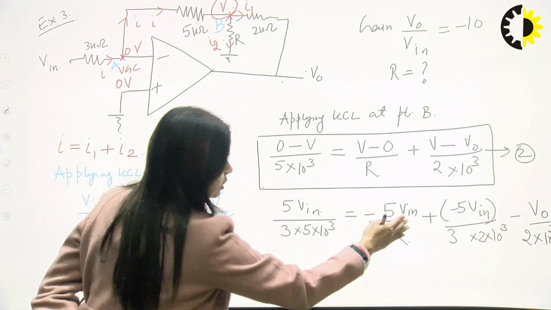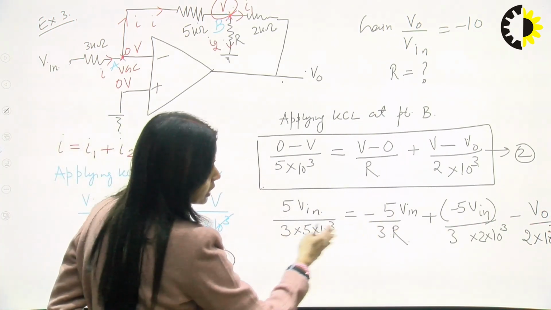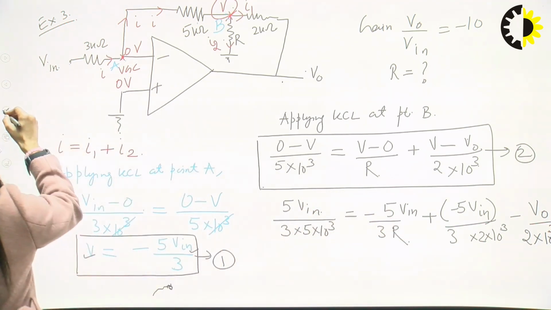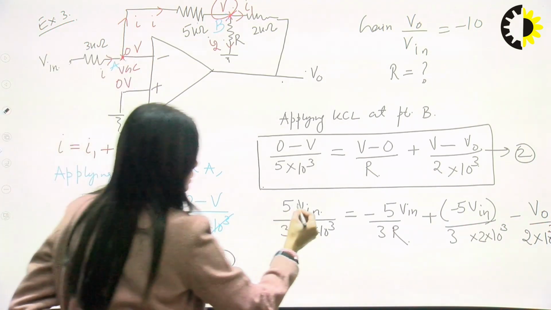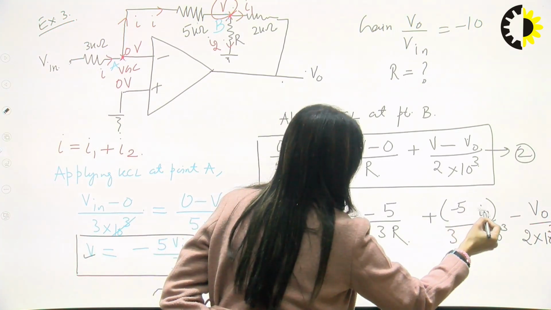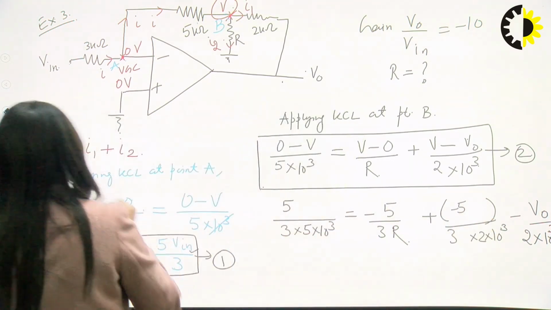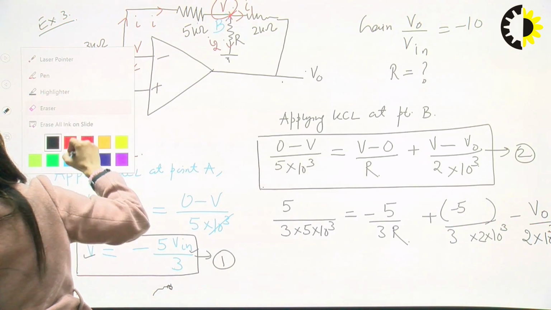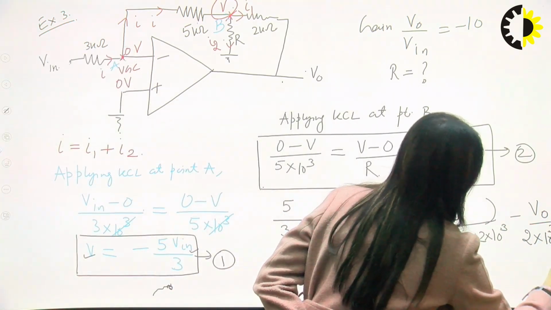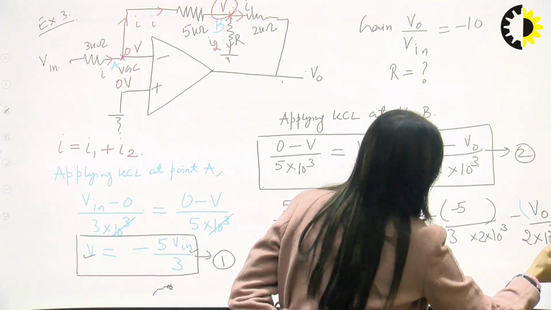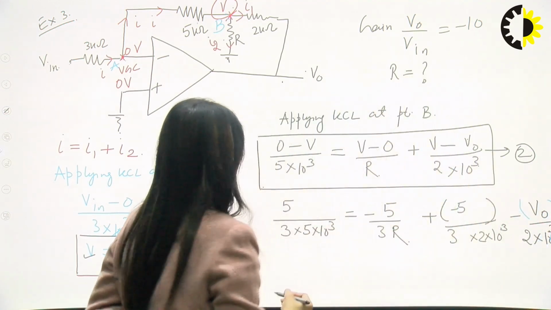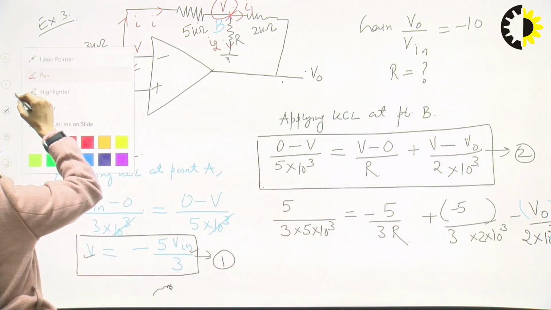Now keep all the terms here, the R values all here, and divide by Vin. So just erase all the Vins. And see what I am doing is Vin will come here, and now this VO upon Vin has been given as -10. So we will put the value.